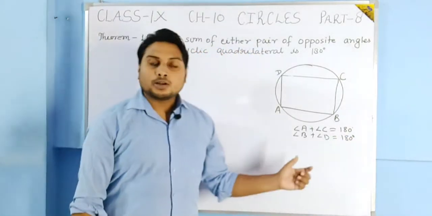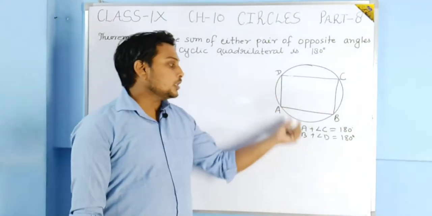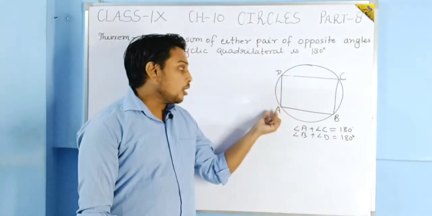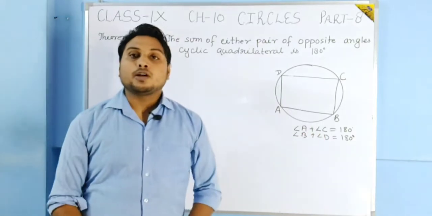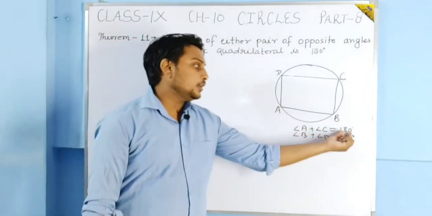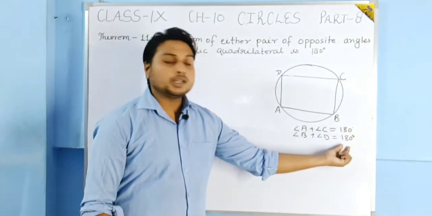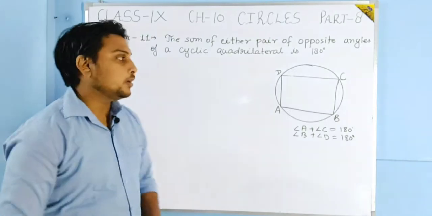In other words, the sum of the opposite angles of a cyclic quadrilateral is supplementary. Either you can say it is equal to 180 degrees, or you can say that it is supplementary.